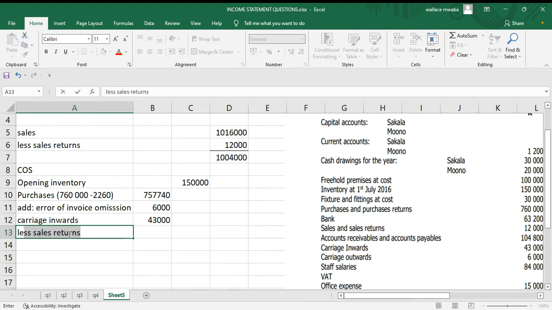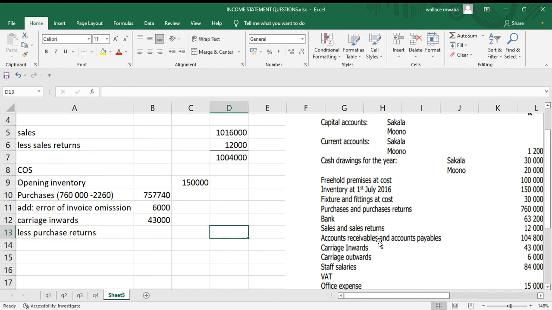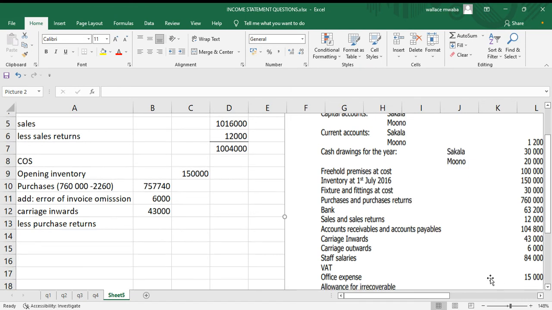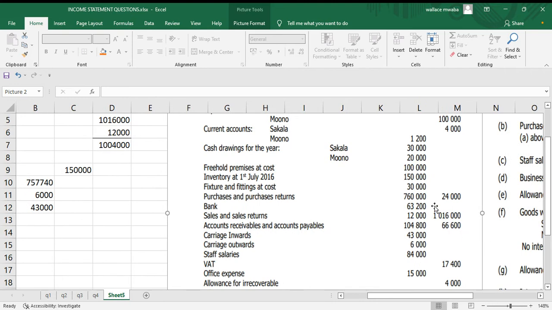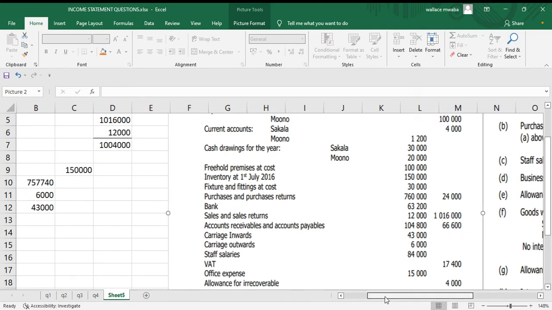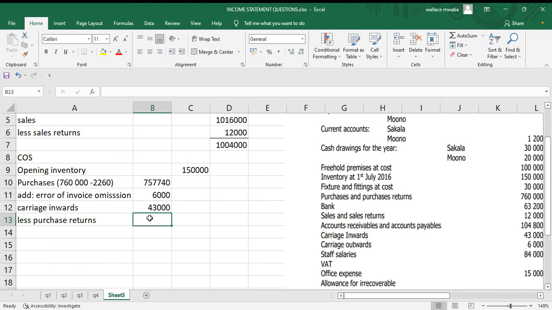We'll say less purchase returns. So our purchase returns, we have 24,000 here.